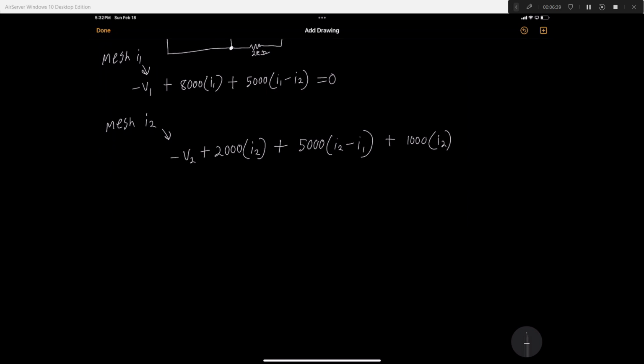Alright. So for our first one, we know the voltages, V1 is 25, V2 is 39, right? Since these are negative, we'll move them over and they can be constants. So V1 is 25 moved over, we'll have 25 on the right, equal to.